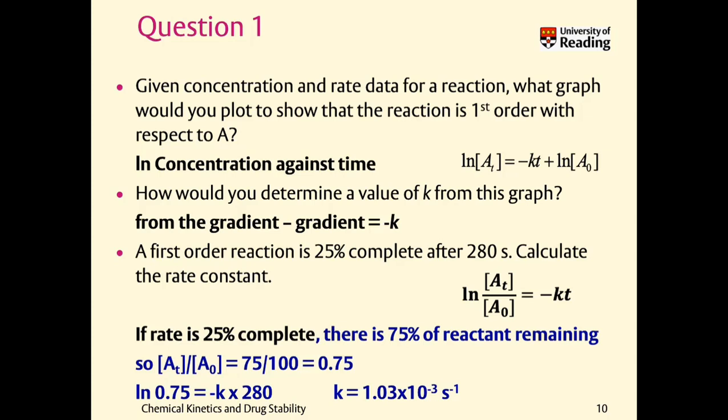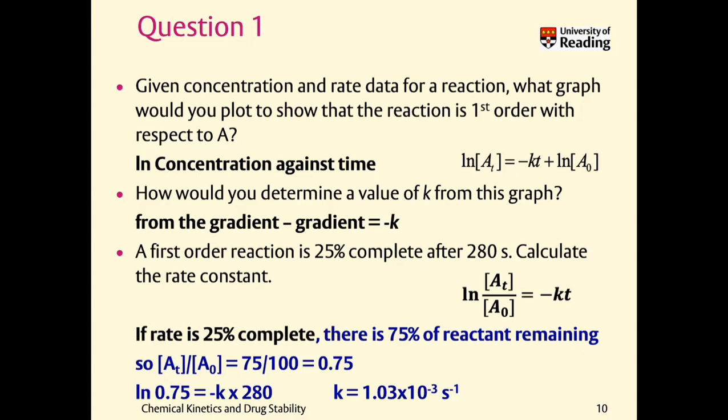So you use the equation: log of the concentration at the time of the reaction, which in this case is at 280 seconds, over the initial concentration, equals minus kt. If the reaction is 25% complete, there is 75% of reactant remaining, so the ratio of the concentration over the initial concentration is 75 over 100, so it's 0.75.